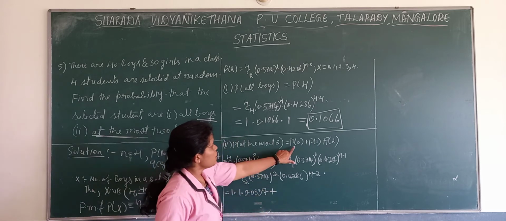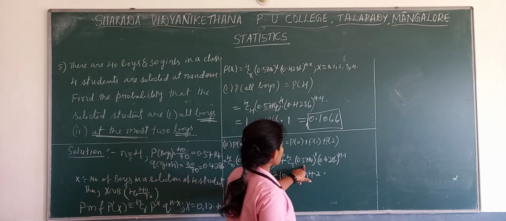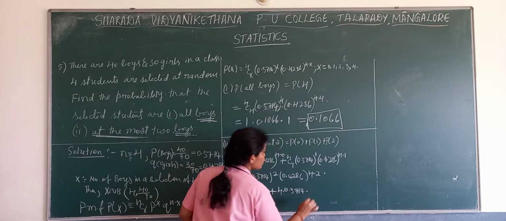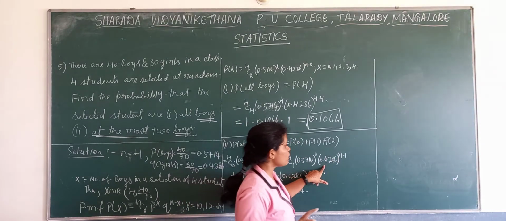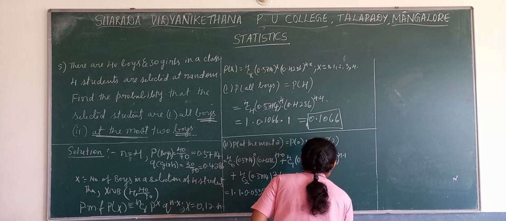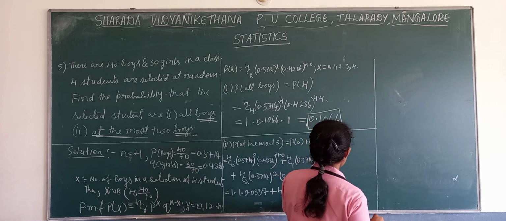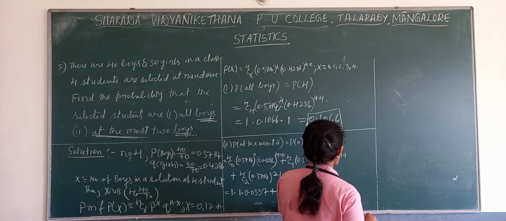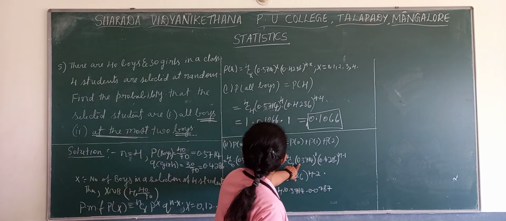Plus 4C1, value is 4, only 1 element, into 0.3714 as it is, into 0.4286 to the power 4 minus 1 means 3, then we get 0.0787. Is it correct?